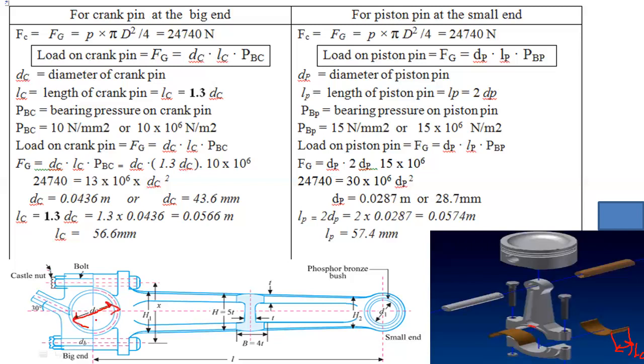This is the big end, and DP is the diameter of the piston pin. This is the length of the piston pin, LP. This is LC, this is LP.